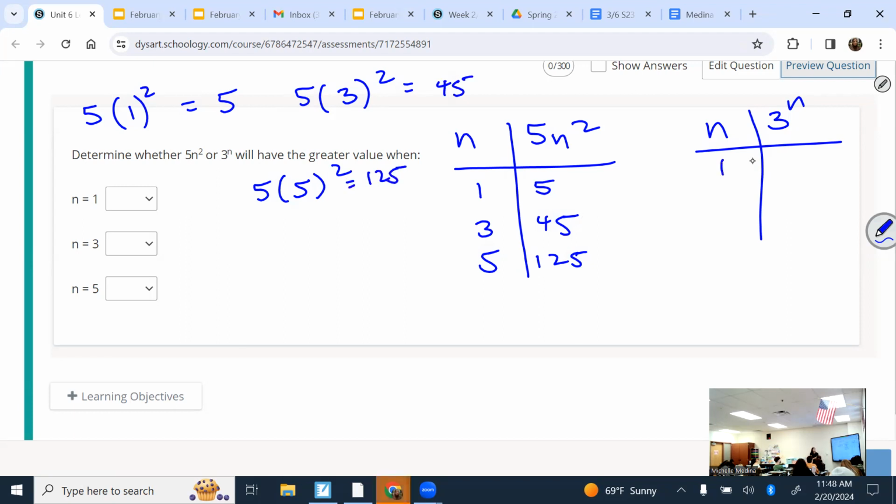And then we're also plugging in 1, 3, and 5 for the other expression. This time the variable goes in the exponent spot. So what's 3 to the first power? 3 to the third power. Not 9. 27, good, because it's 3 times 3 times 3. And then 3 to the 5th power, that one I do need my calculator for.